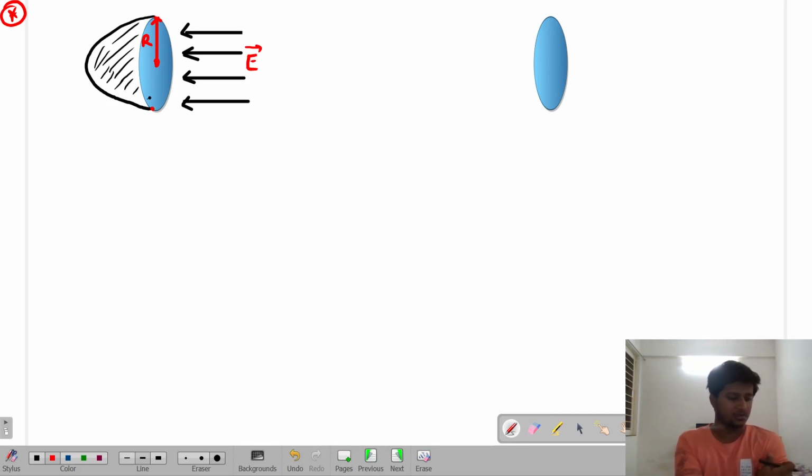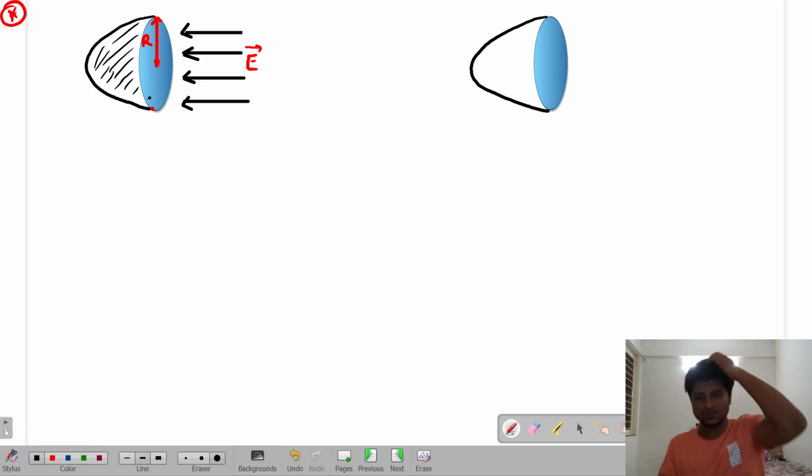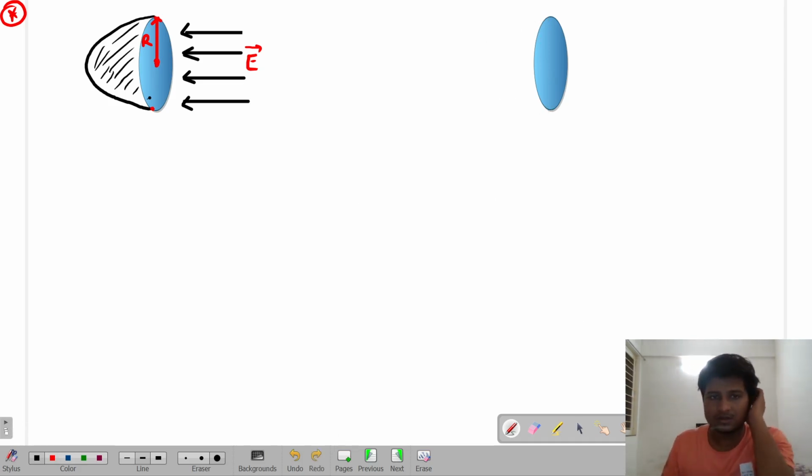Okay? Similar kind of hemispherical ball. Try to think.